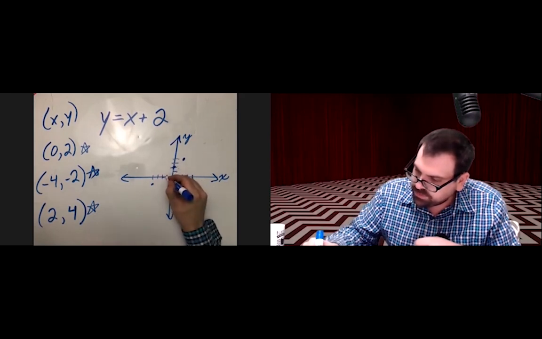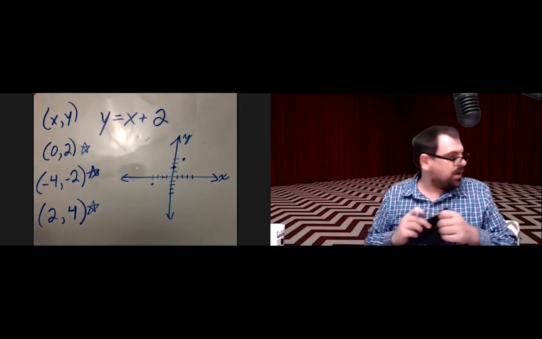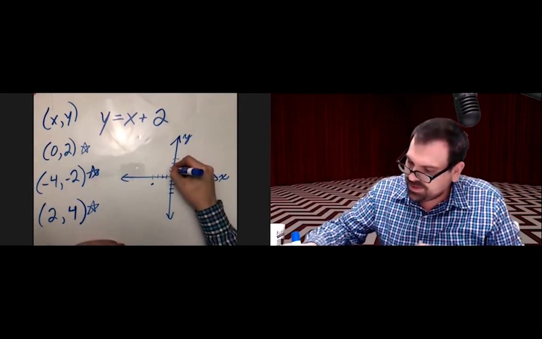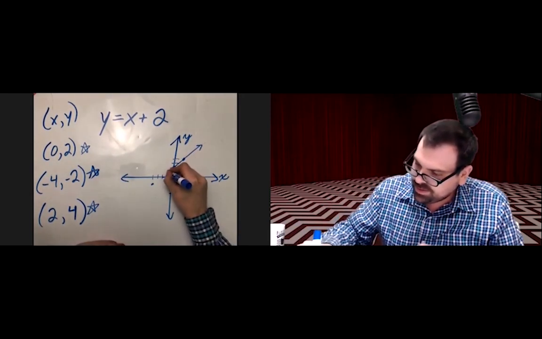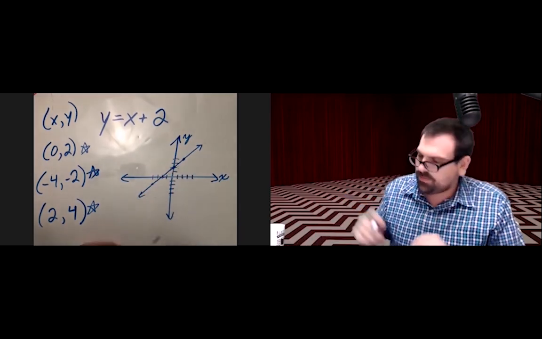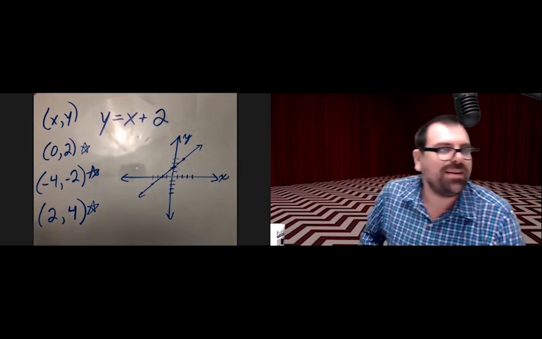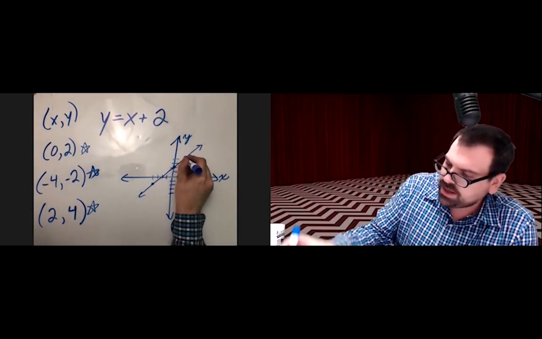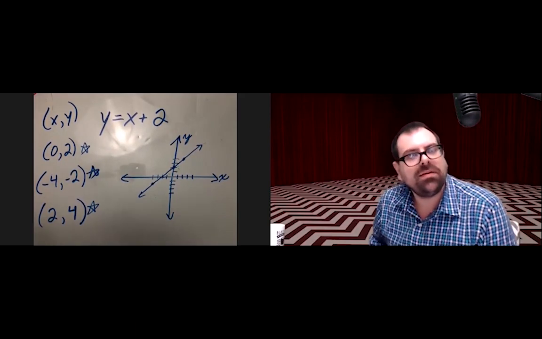It does not serve the purpose of a ruler. It's much easier to freehand it. But notice, look at these three solution points. They all fall on the same line.